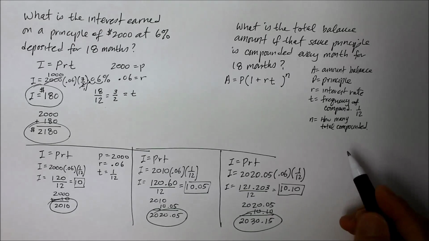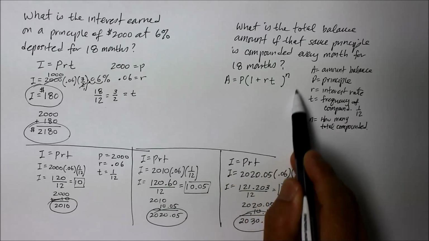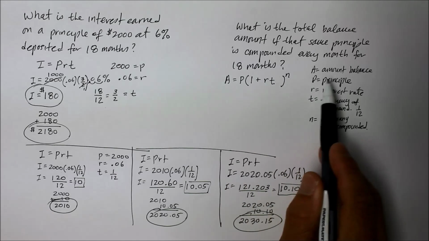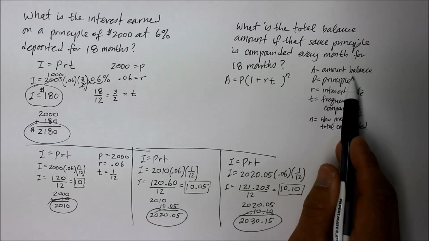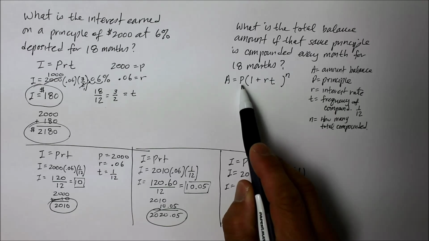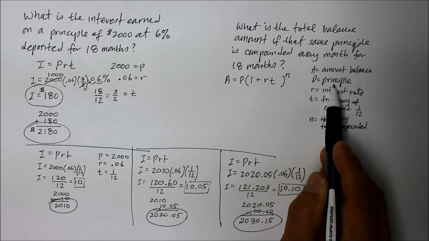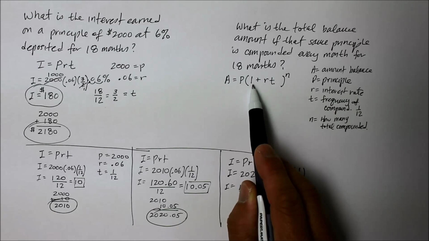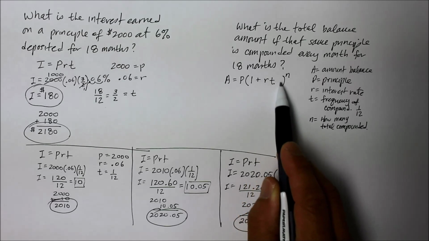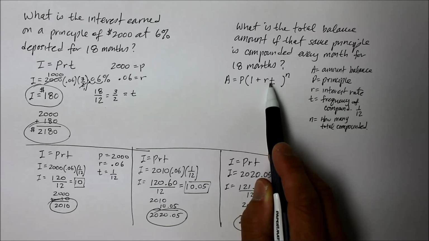No. Instead, I'm going to use a formula. The A represents the amount balance at the end of that loan period or deposit period. The P stays the same as the principal that you put in the beginning, the initial principal. The 1 represents the previous amount that you will add to the new interest that you earn.